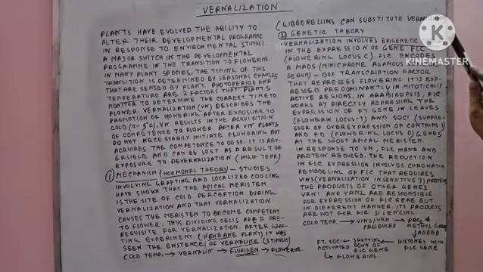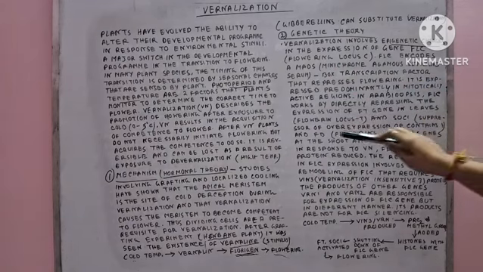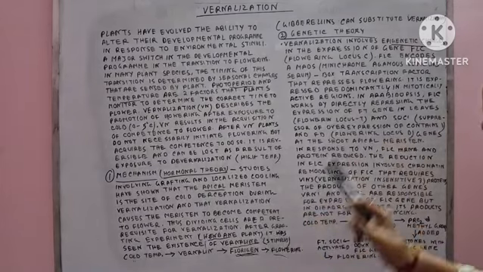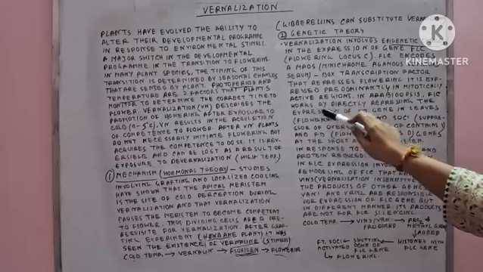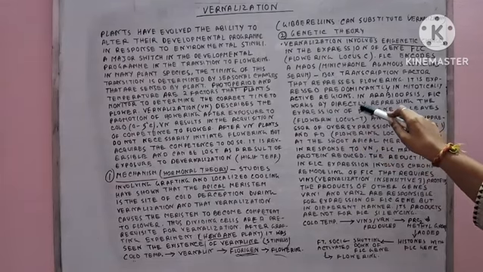Clear? And it is expressed predominantly in mitotically active regions. Mitotically active region means the region where cell division is occurring. Now, in Arabidopsis, FLC works by directly repressing the expression of the FT gene.